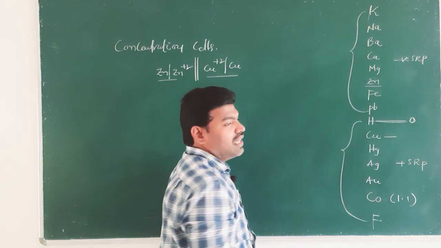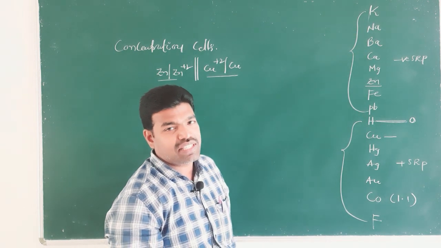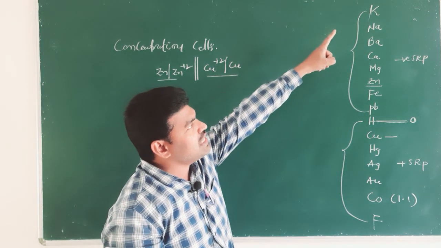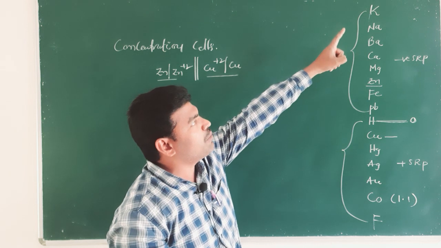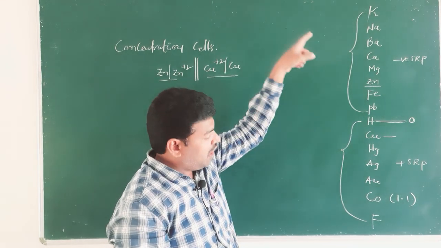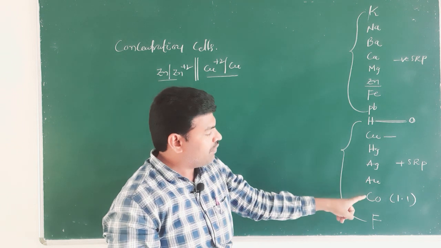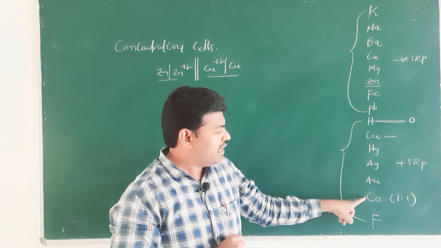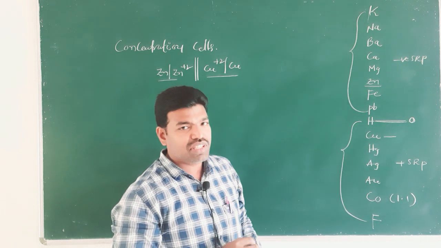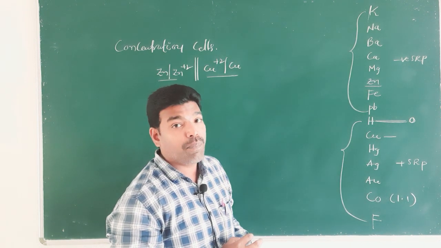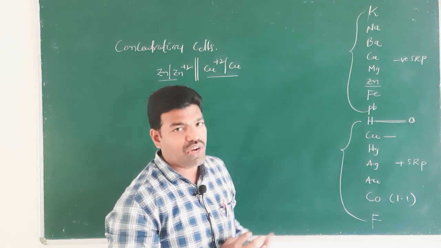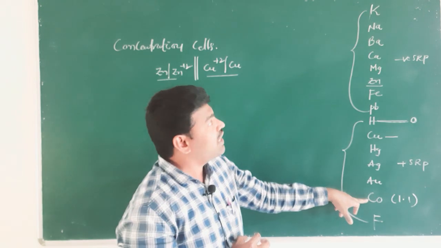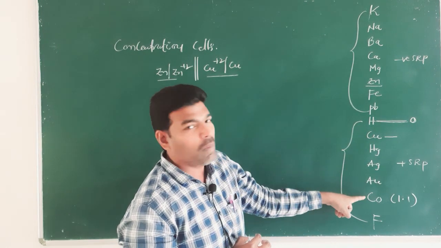Lithium is on the top of the electrochemical series, and it has the least reduction potential, minus 3.04. And we can take another metal, for your understanding, cobalt. Cobalt is a metal with a positive SRP, whose reduction potential is 1.1, and we can construct a cell with the combination of lithium and cobalt.